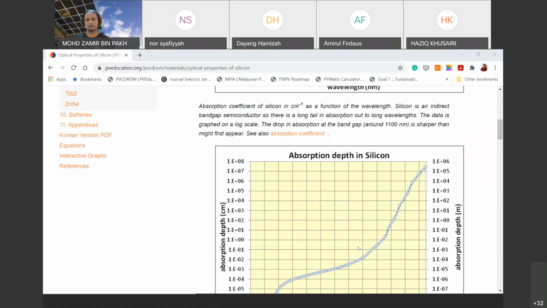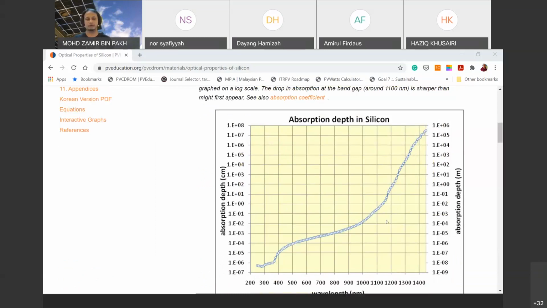Okay, so that's how you use this curve. It's very simple, but it can be used for many different purposes. One of them is to predict the thickness required in order for you to absorb that particular photon wavelength.